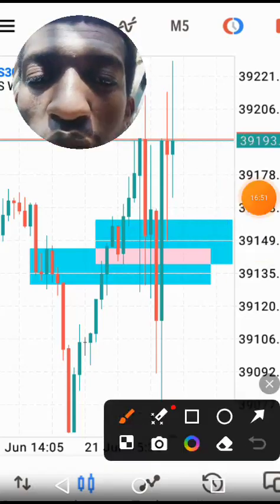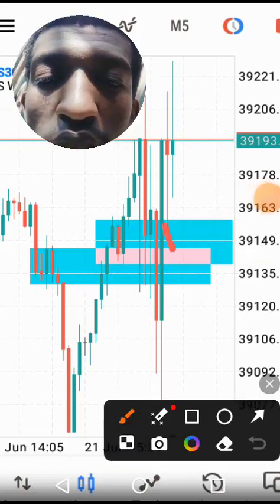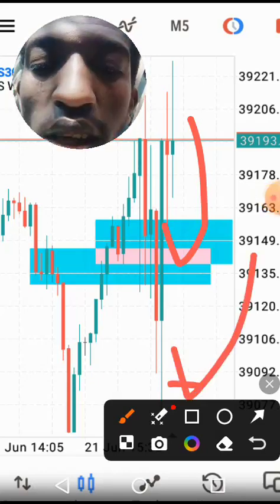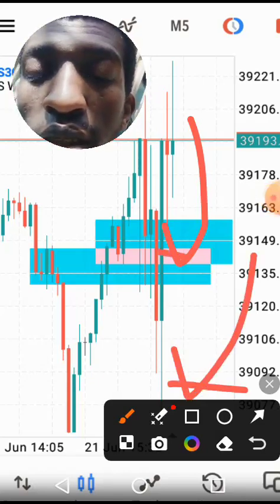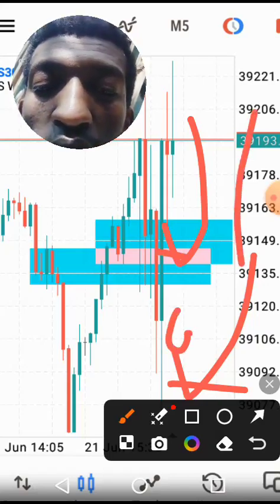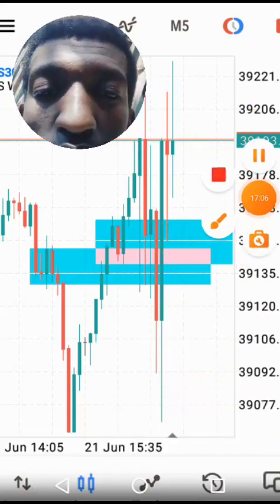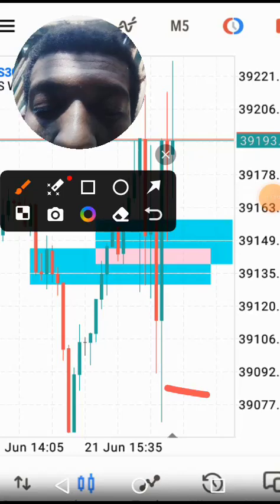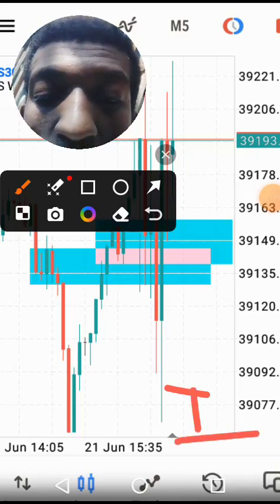So which one would it be better, to buy here or to buy down there? Bro, buying down there is better than buying here. What are you talking about? So this is the best price. So we want it to come down there regardless. And then I'll put my stop loss down there. This is my risk.